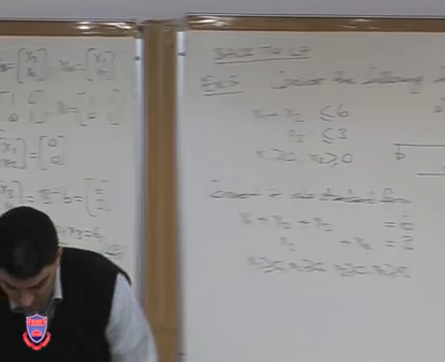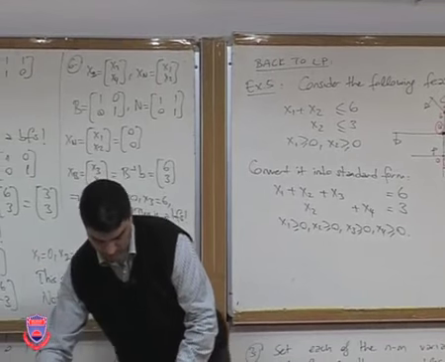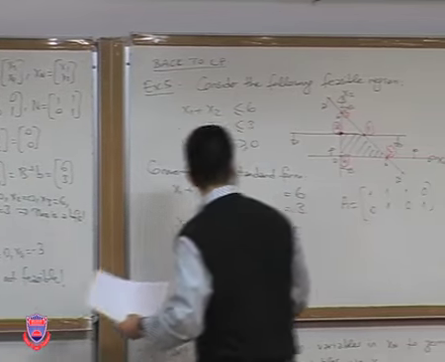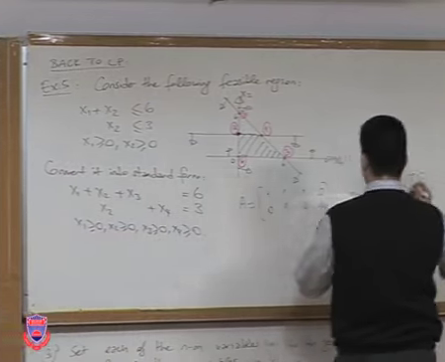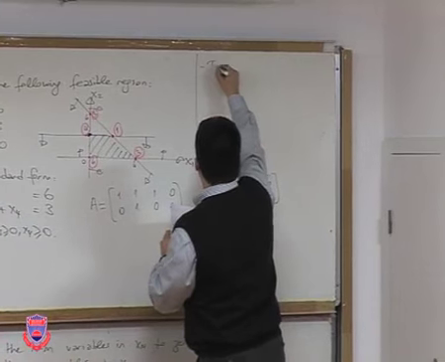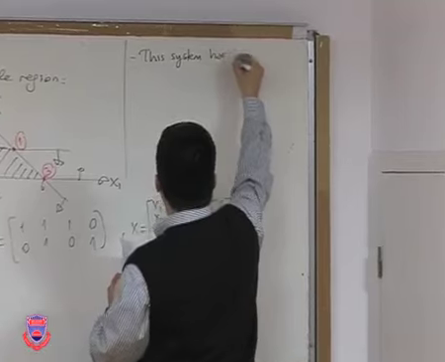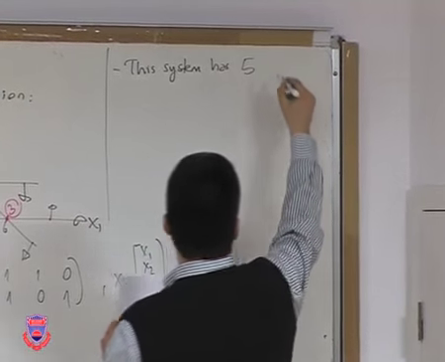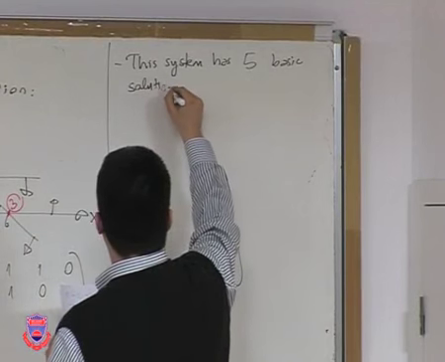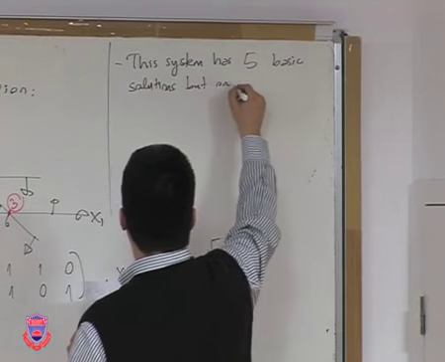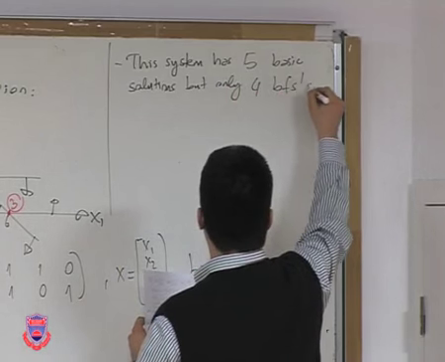Let me just give you final remarks, because I don't want to break this later on. So this system has 5 basic solutions, but only 4 basic feasible solutions.